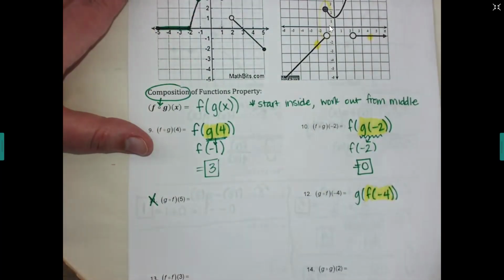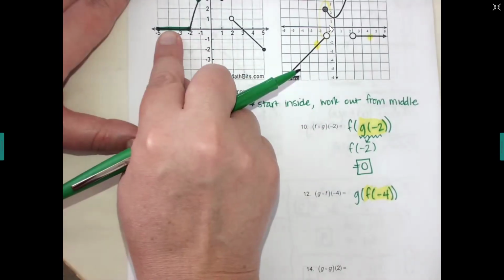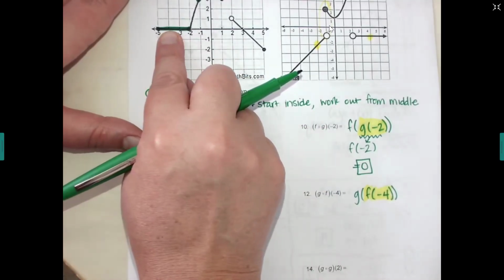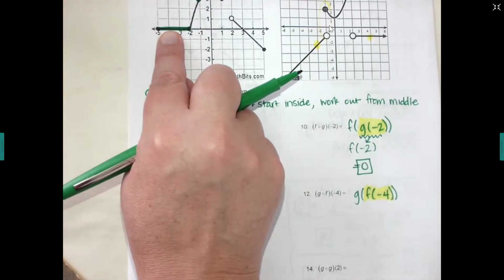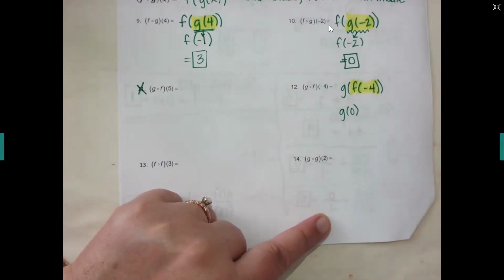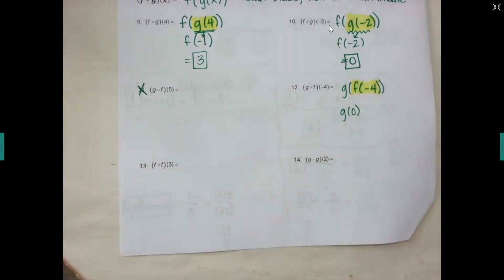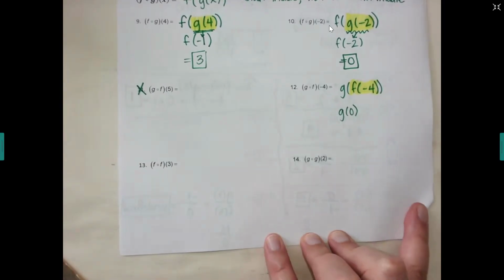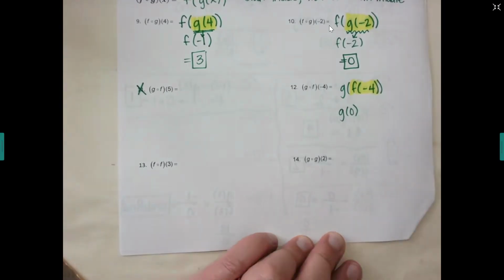So if I go to -4, I want to stay on this line, then that means my y value is 0. Then I'm going to find g of 0. And remember, g of 0 means you're looking at 0 on the graph of g to say how high or low it is. Can you give me that number, please? 1 is correct. Very good.